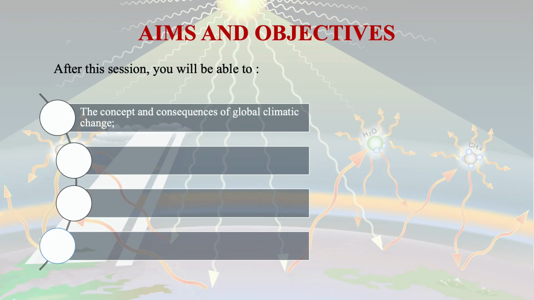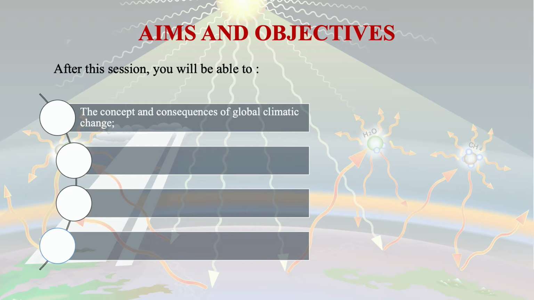Welcome to this session. Before we get into this exact topic, I would like to explain the aims and objectives of this session. This session will make all of you understand the concept and consequences of global climate change.